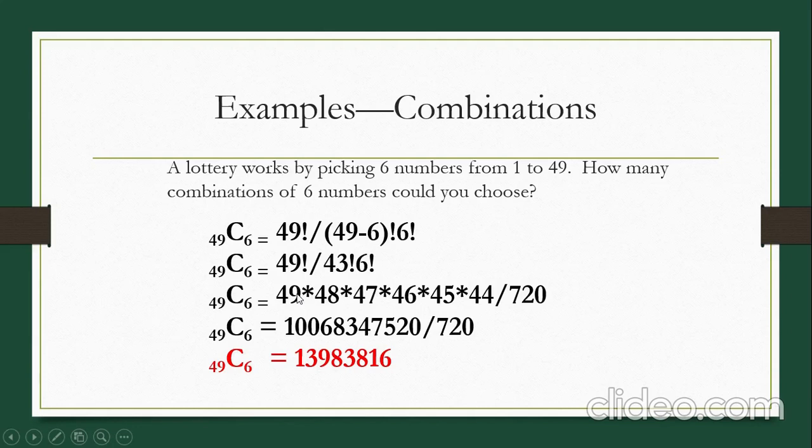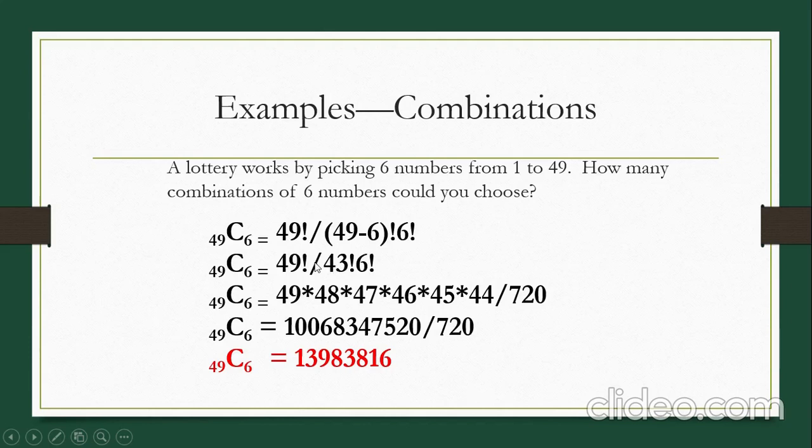So, we only have 49, 48, 47, 46, 45, and 44 in our numerator because 43 down to 1 in the numerator will be cancelled with the 43 down to 1 of the denominator.